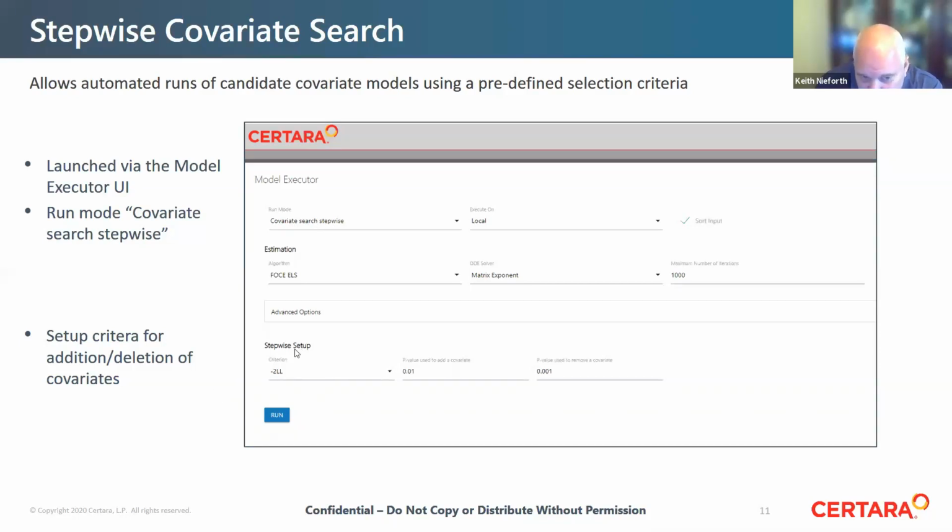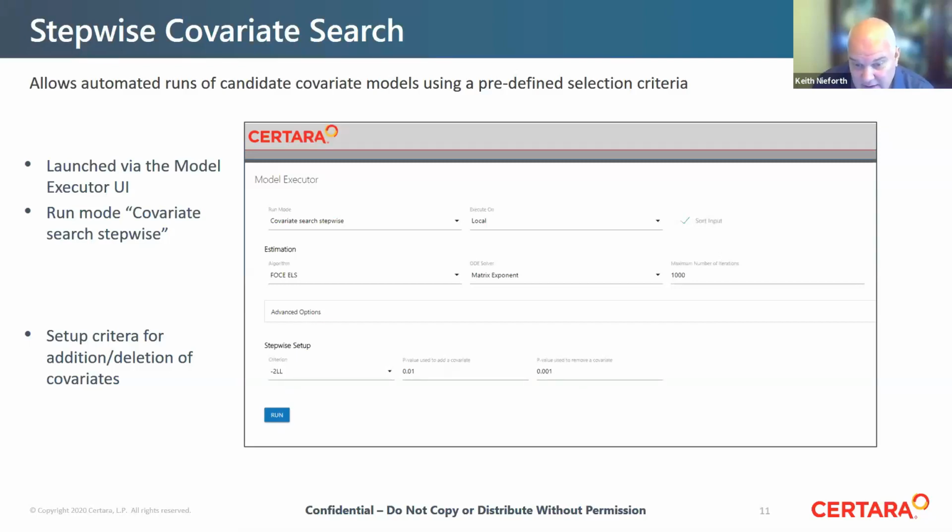You have some setup criteria right here. The criterion for model comparison and keeping covariates in the model is -2LL. And to add a covariate, the p-value needs to be greater than 0.01. And then once you have your full model, to get rid of a covariate, the p-value has a tighter threshold.